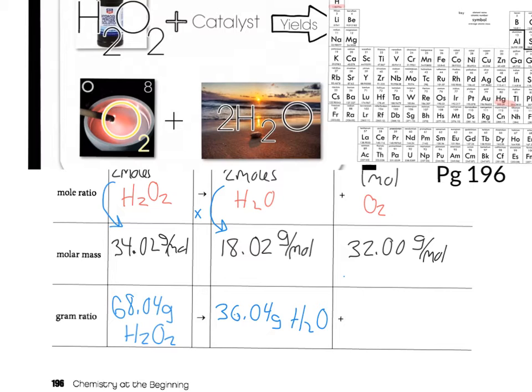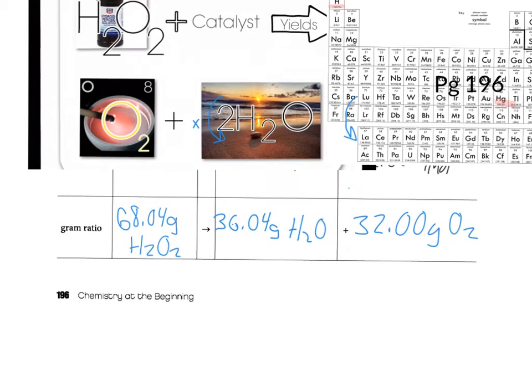And then in the last case with the O2, 1 mole of O2 will produce 32 grams of O2. And let's see if this keeps that law of conservation of mass.